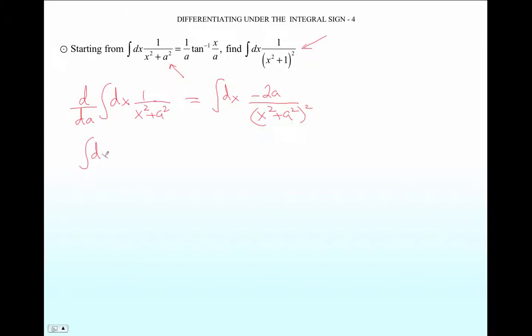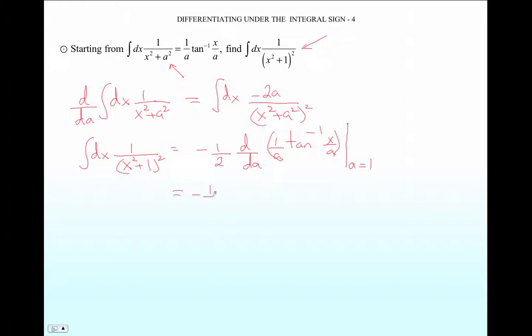Therefore, what we want becomes the following. It becomes just minus 1 over 2a, but a is 1, so minus half. And then we need to take the derivative with respect to a of 1 over a tan inverse x over a. And then once we've done the differentiation, then we shall put a equal to 1. We can't do it before that.